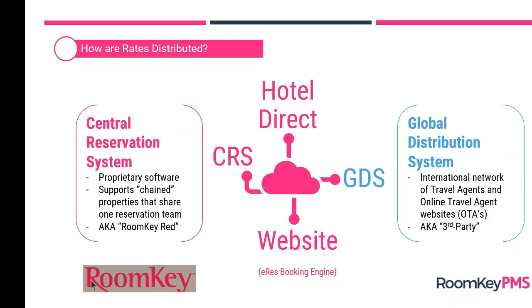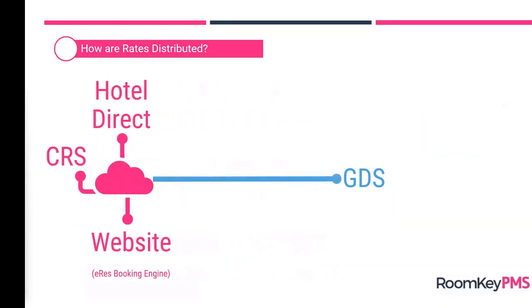So for the purposes of our topic today, where we're talking about the Rate Wizard, we're going to focus in on the other 3 distribution channels, and the CRS will be off to the side there.